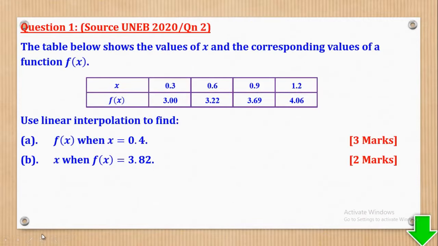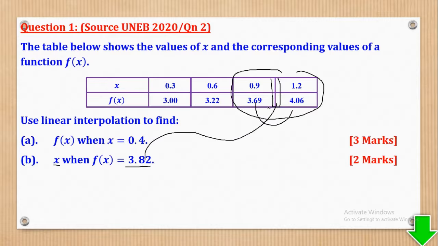When you go to part B, they want the value of x when f(x) is 3.82. So 3.82 lies within this and this. What does that mean? It means that you are going to extract out these values, and in between them we shall add a column where f(x) is this.